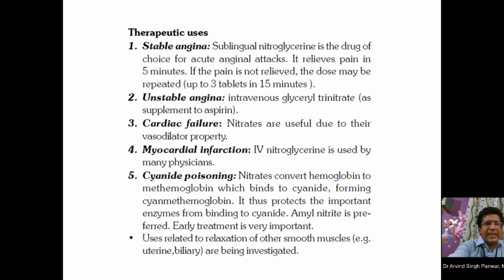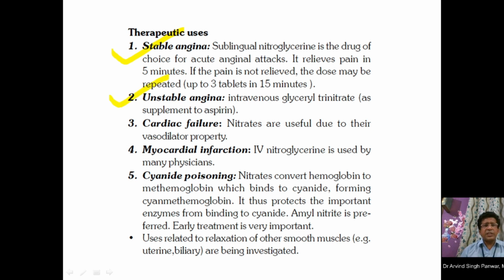Number one, stable angina. Sublingual nitroglycerin is the drug of choice for acute anginal attacks. It relieves pain within 5 minutes, you can say. If the pain is not relieved, the dose may be repeated up to 3 tablets in 15 minutes. Even then, if it is not controlled, you can think of myocardial infarction, and carry the patient immediately to hospital.